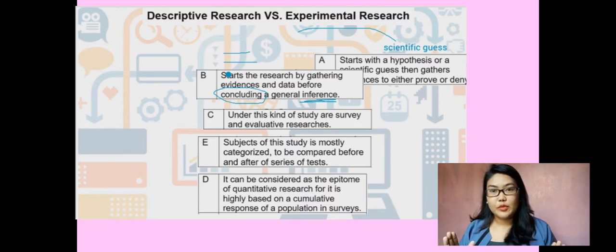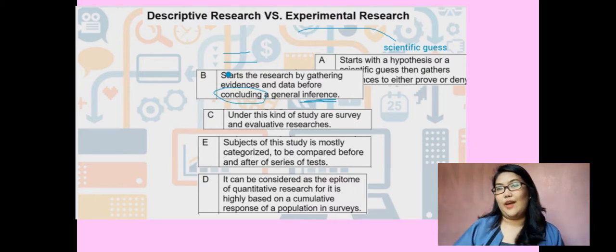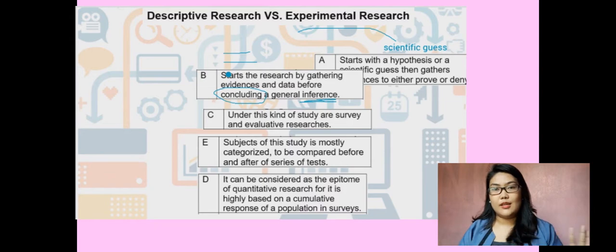Nag-conclude ka, okay? You tried to have an idea based on some evidences that you have seen. So it's like nag-start ka muna. Kasi you started with nothing. So you gather first, okay?